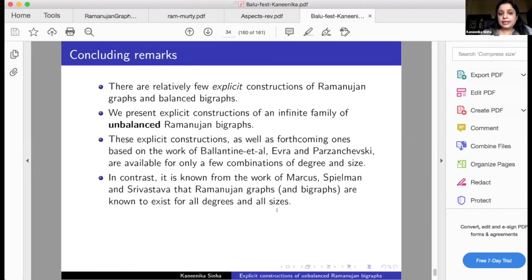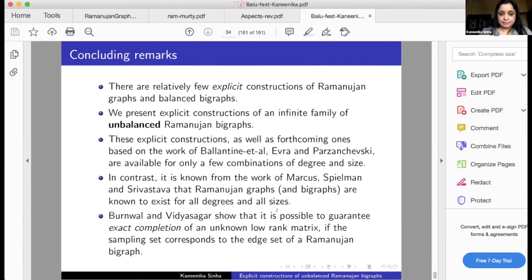And therefore, this opens up an interesting field of inquiry about constructing unbalanced Ramanujan bigraphs for a variety of degrees and sizes.